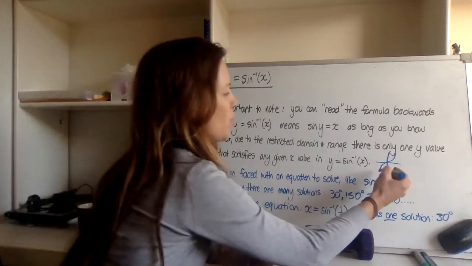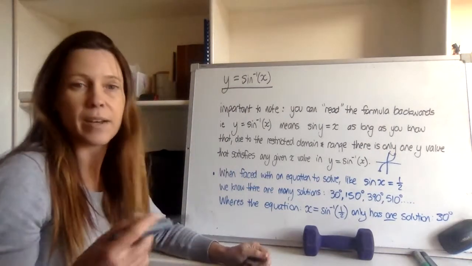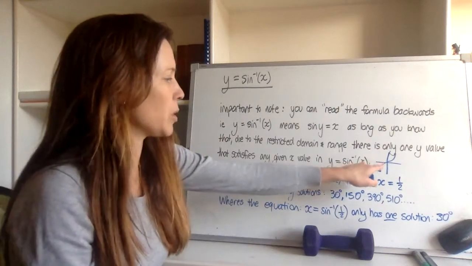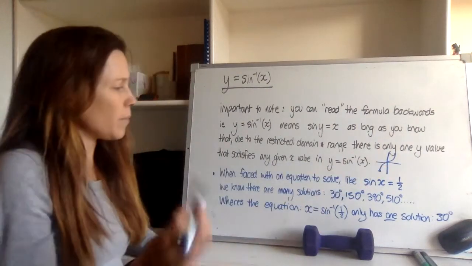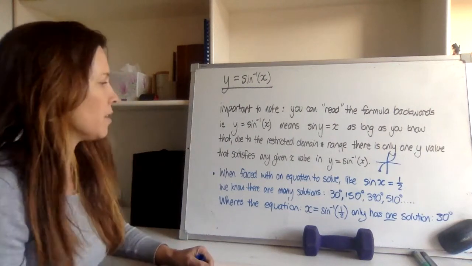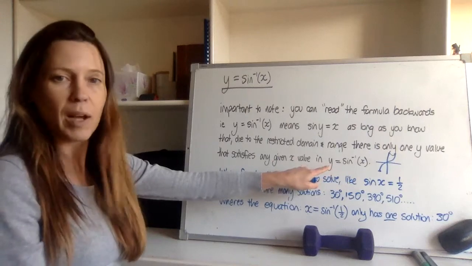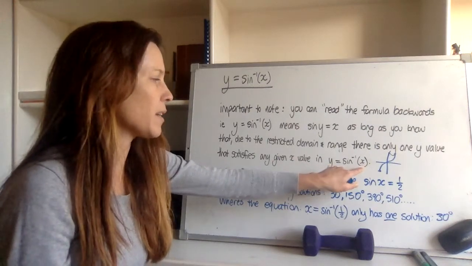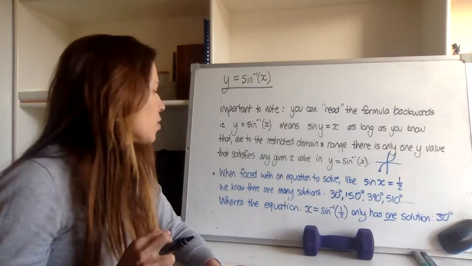So by covering the fourth quadrant and the first quadrant, we've covered the fact that the sine of an angle could be negative, in which case it'll be an angle that's over here. It'll be a negative angle. And so that basically allows us to only have one answer for any question that's in this sort of form. If we know x, we can find y, and if we know y, we can find x, and there's actually only going to be a one-to-one arrangement between those two.